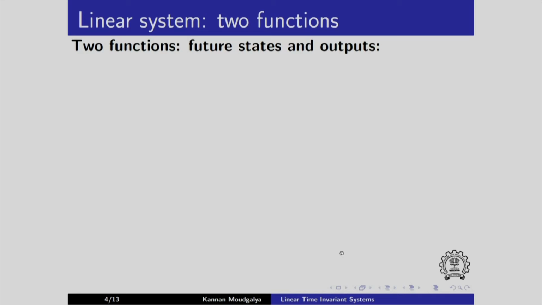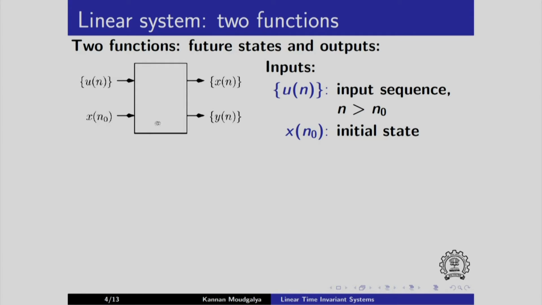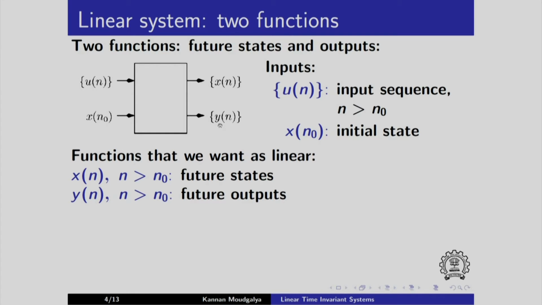Now let us consider a system that has two functions which are future states and outputs. This system is indicated by this rectangular box. It has two inputs. One is the initial state as mentioned here. The other is the input which is applied from n equals n0 onwards, and we measure the state and the output y, and these are described as follows.